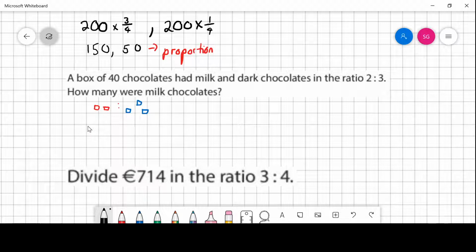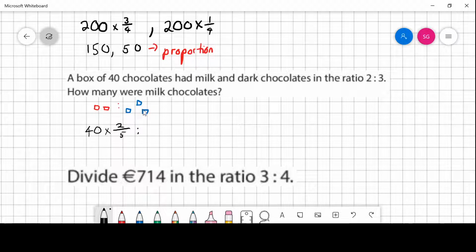So again, if we're dealing with 40, we're going, okay, 40 multiplied by 2 divided by 2 plus 3, or as we're just going to call it in this case, 5.